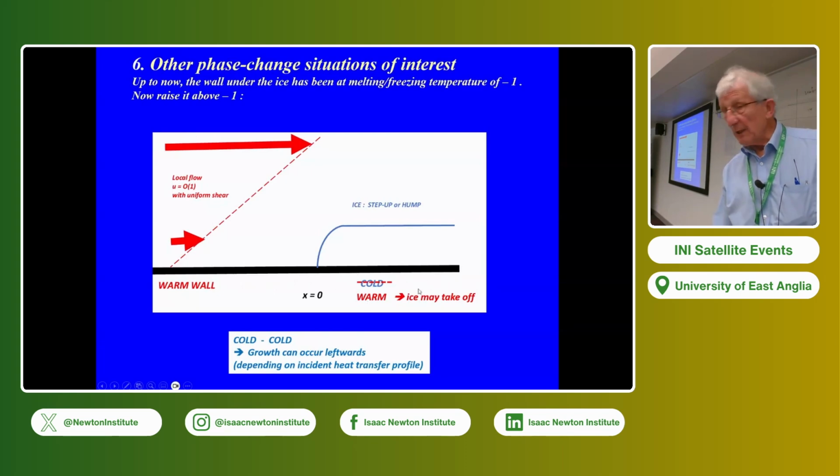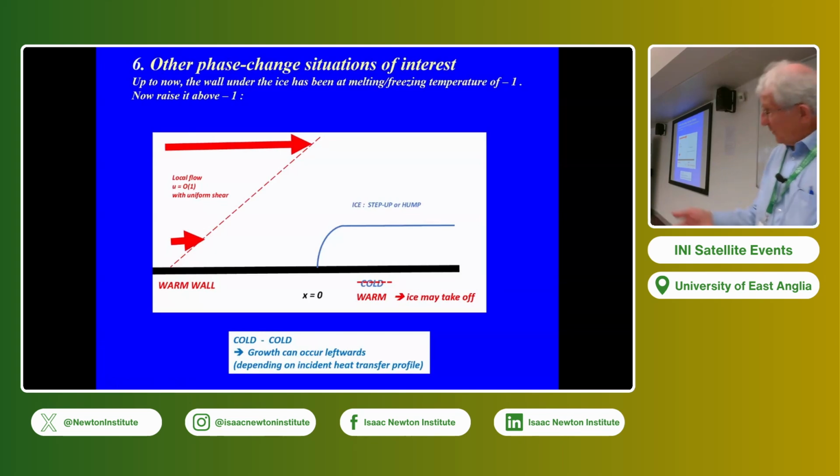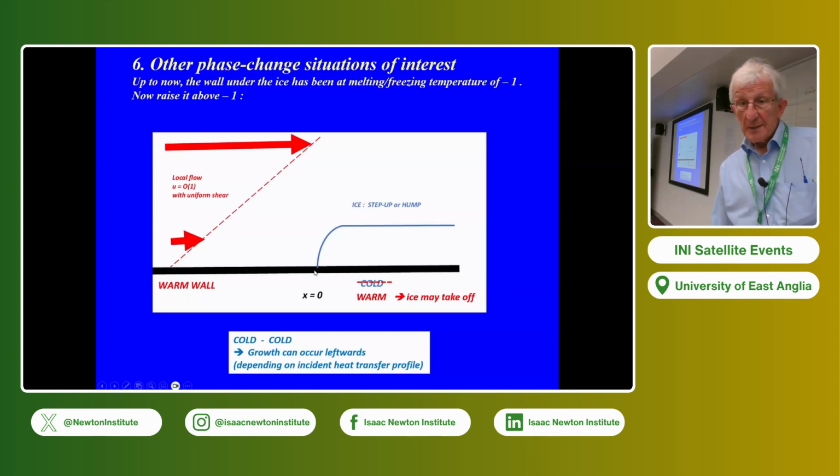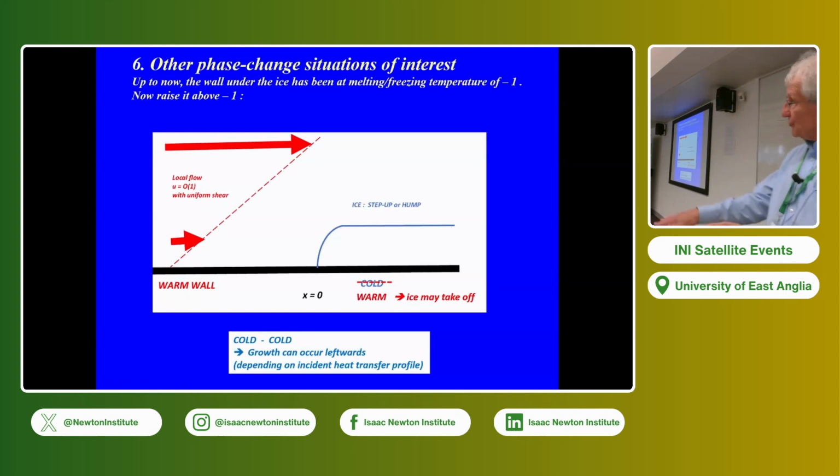This is of some engineering interest because that's a way to try and shed ice off a surface. So I've got no solutions for this, but it seems fairly obvious the ice is going to take off. This warm wall underneath the ice will melt the ice initially in a thin layer just above the wall, and at that stage the oncoming water is going to try to infiltrate into that thin region, and eventually that ice is going to be shed.